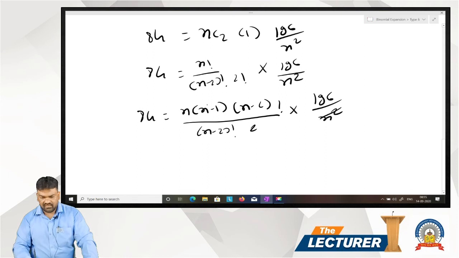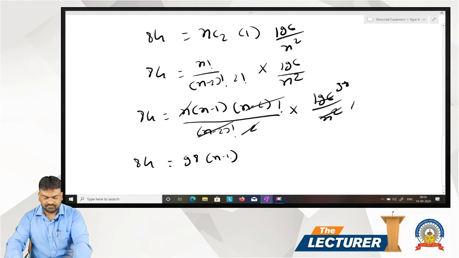Here n square cancels, so one power of n remains, 196 divided by 2 is 98. The n minus 2 factorial cancels, so 84 is equal to 98 times n minus 1.